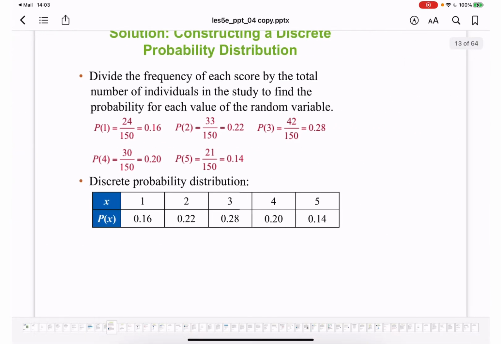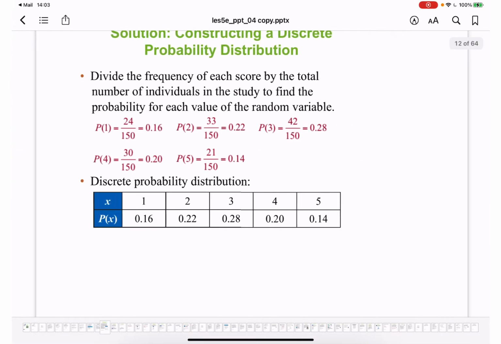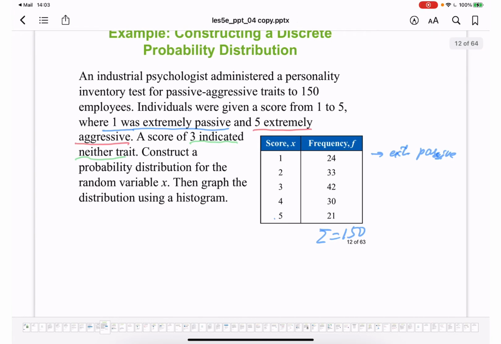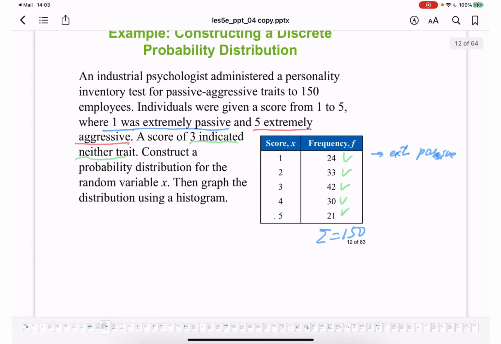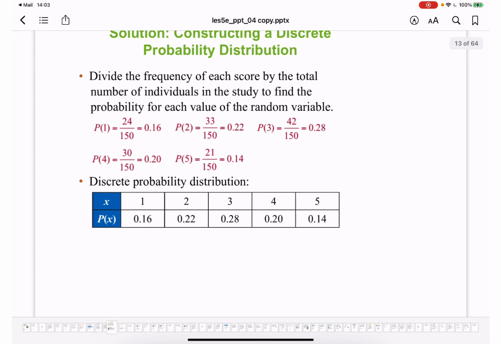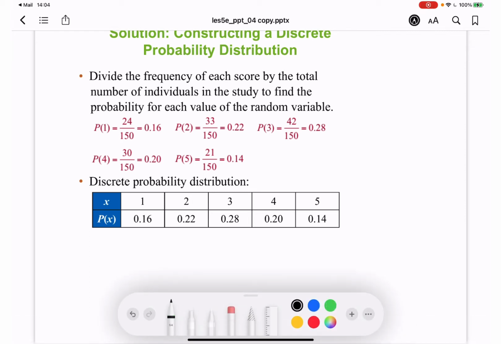Okay, let's do it. So what do we have? Total, we know 150. At score 1, we have 24, and then 33, and then 42, 30, 21. All right? So to find the probability for each score, what percentage of the entire company makes it, we take the frequency, 24, let's say, with score 1, and divide by the total 150.